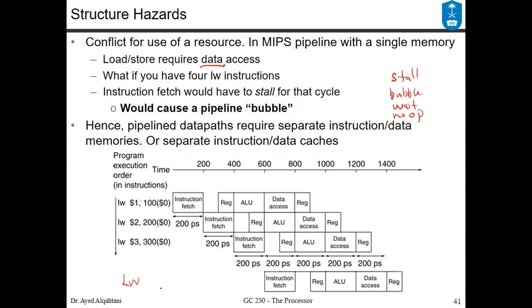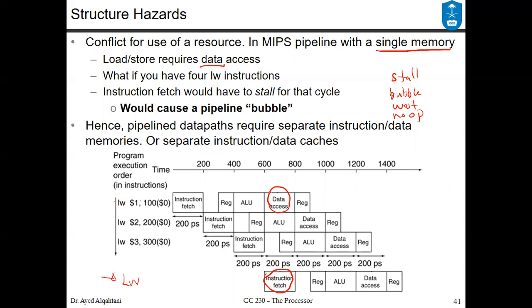And the reason you can see it here, because we assume a single memory for both the instruction and the data, this 4th load cannot start right away because you need to fetch the instruction accessing the memory, and at the same time the first instruction is accessing the memory too. So this 4th load wants to access the memory. Oh, I can't. It's held by the first load.